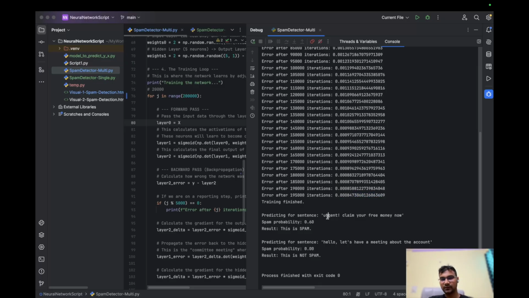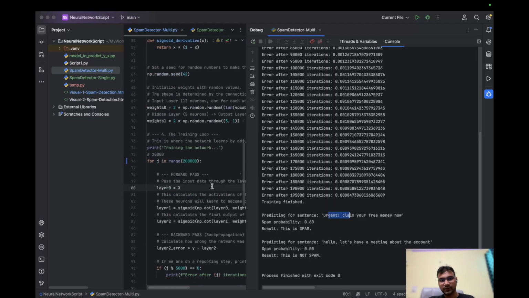Here, this is the difference. The spam probability on these four training examples came out to be 0.6, and this one is 0.0. So this one is getting a higher probability first, and if we train the network for more iterations, there is a chance that this will increase.